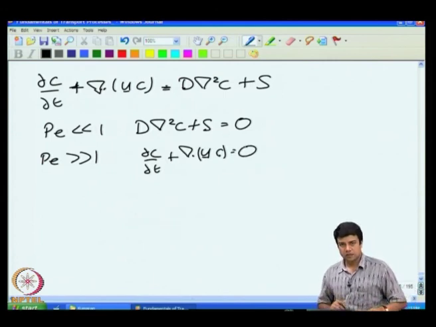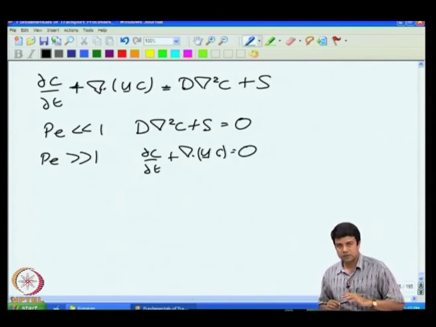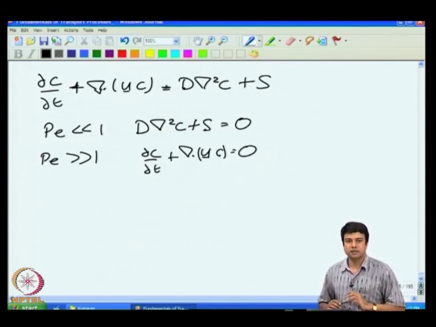We will now look at how to derive equations in these two limits. First, we look at the limit of low Peclet number where the diffusion is dominant, and we will be solving the equation D del square c is equal to 0 subject to boundary conditions. So, next lecture we will start our solution of the diffusion equation, and we will come back to the lecture on the high Peclet number limit a little later.